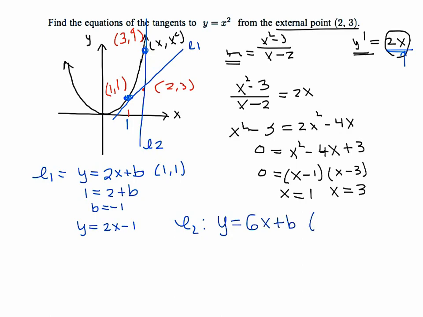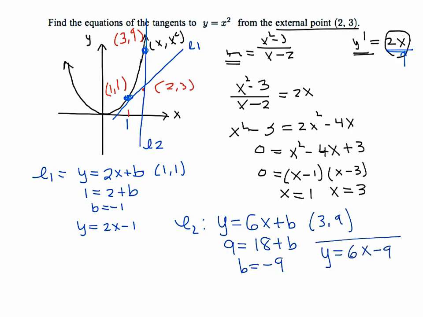The point on this curve is (3, 9). So by plugging in, 9 is equal to 6 times 3, that's 18, plus b, you get b is equal to -9. So another equation of this tangent would be y equals 6x minus 9. So the two equations of the tangents from the external point will be the ones in the boxes.